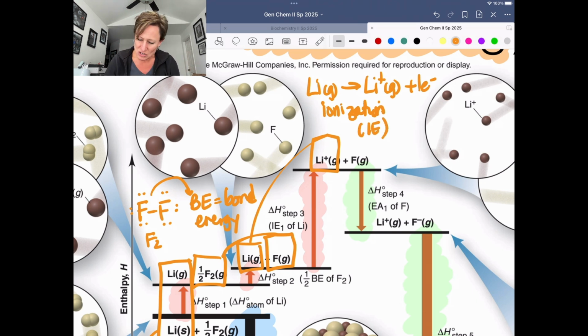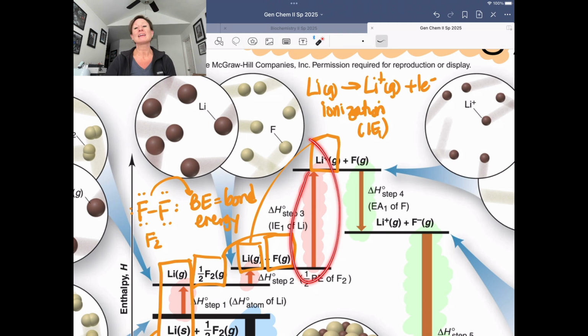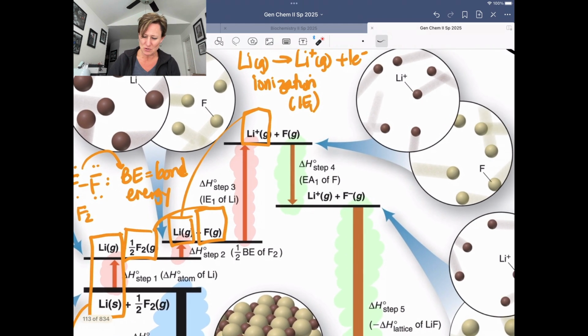This is ionization energy 1. It is the loss of the first electron from a lithium atom to generate a lithium cation. We learned ionization energies are always going to be costs. We studied and talked about trends in ionization energy. That was a skill from our first learning unit.